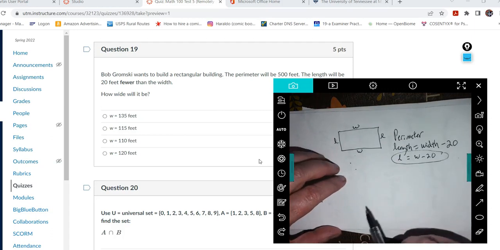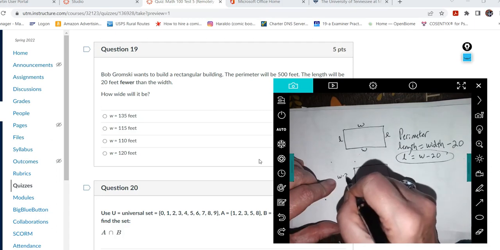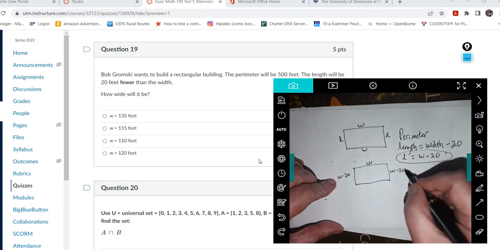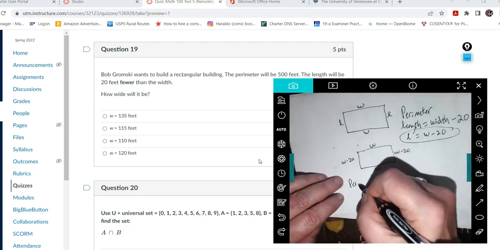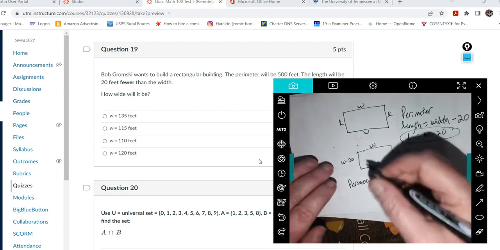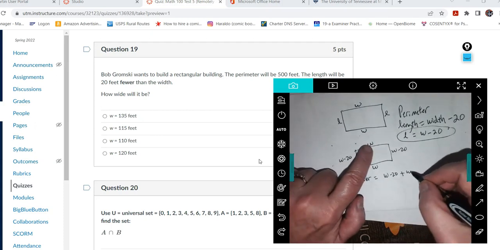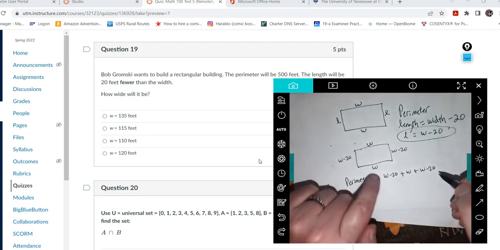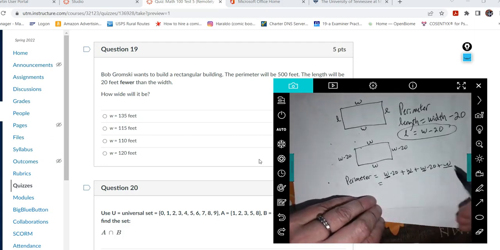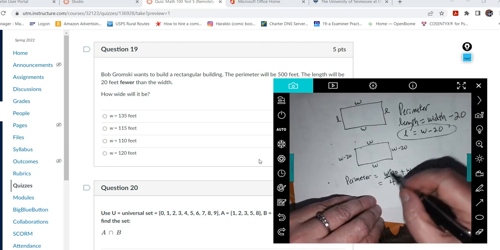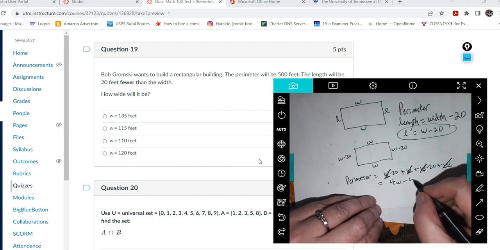So we've got length and width. And now with this, my model is W minus 20, W minus 20, and W. Okay. So the perimeter is when you add up all four sides. So I'm going to have W minus 20 plus W minus 20 plus W. And if I combine all my W's, I have 4W, 4 times W. And then minus 20 is minus 40.